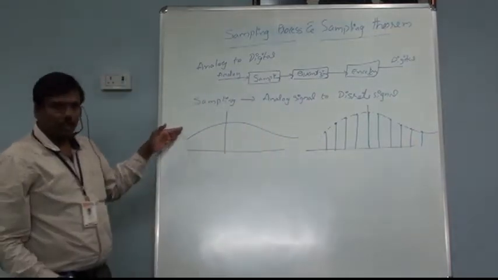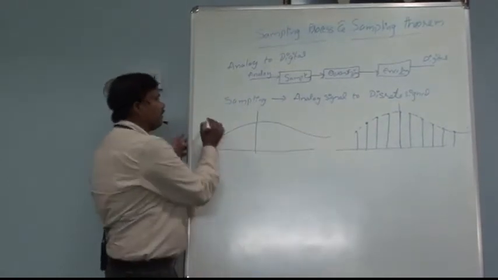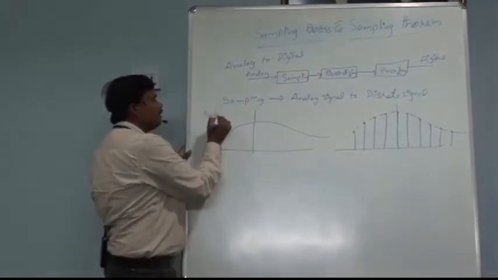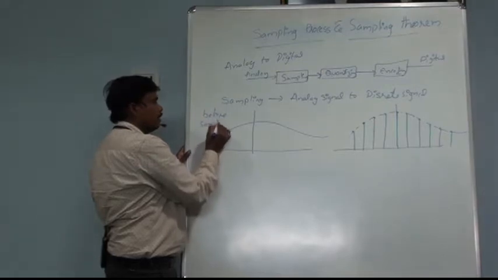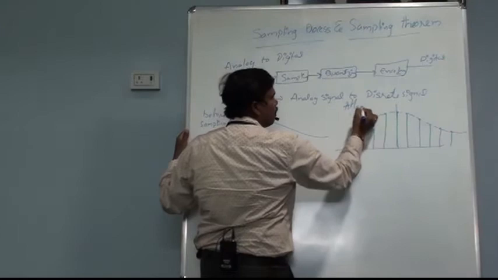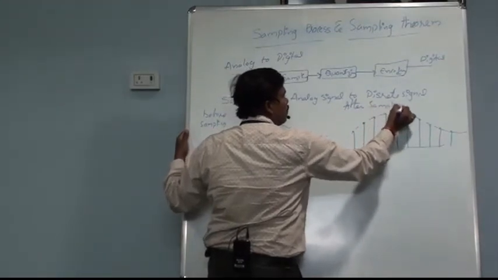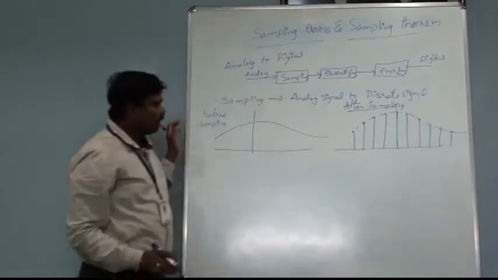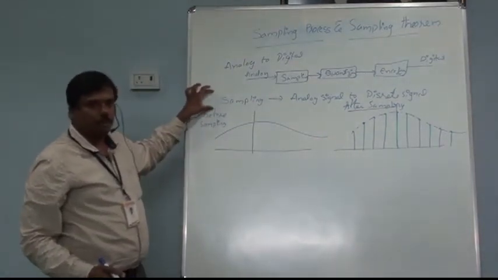So this is the analog signal and this is the discrete signal, this is the signal before sampling and this is the signal after sampling, and this is the thing which is happening with the sampling process.